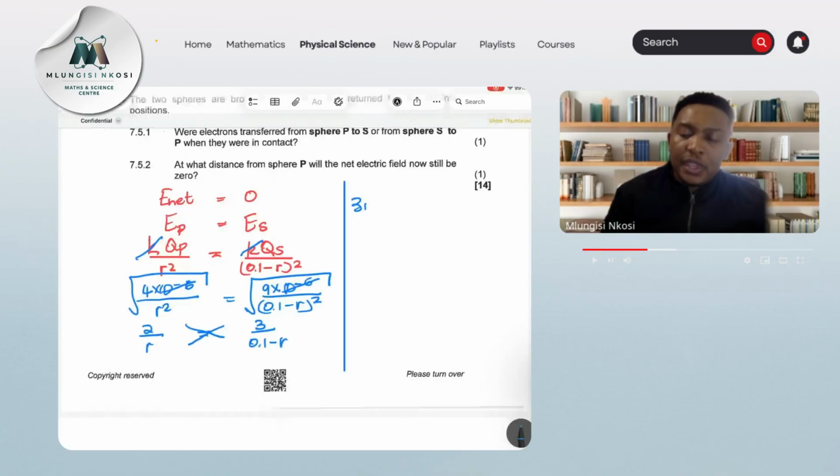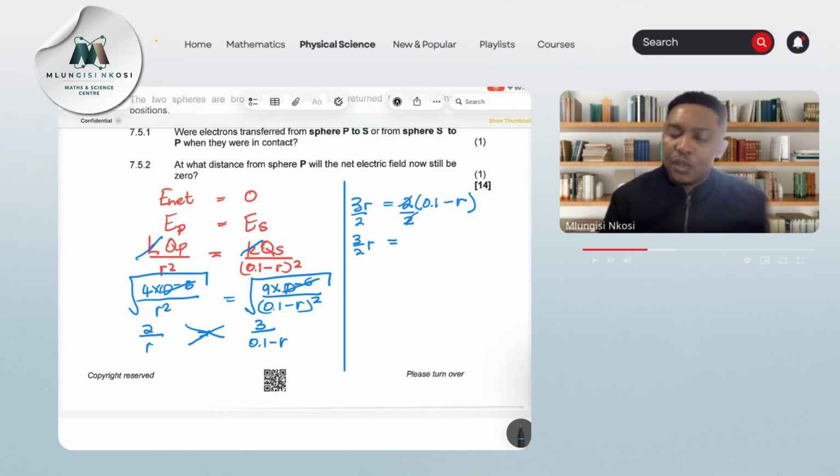So I'm going to just simply cross multiply. So I've got 3r, which is equal to 2 into 0.1 minus r. Let's divide both sides by 2. So I've got 3 over 2 r, which is equal to 0.1 minus r.